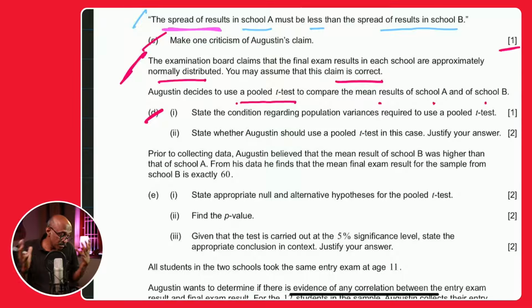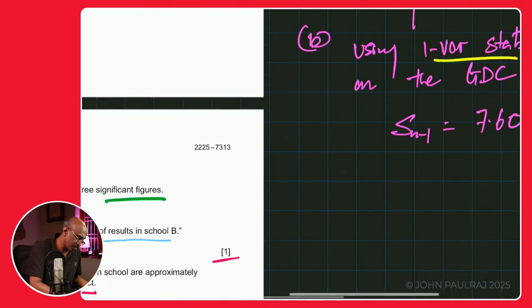Well, the condition is that the population variances must be the same, not almost the same, but they must be equal. All right, so D1, where do I write that? Let me write D here.